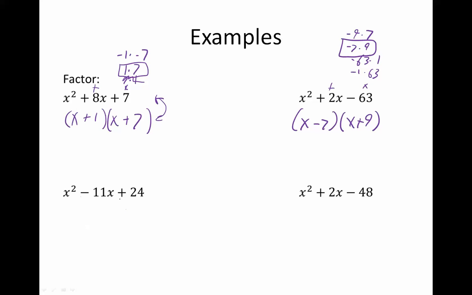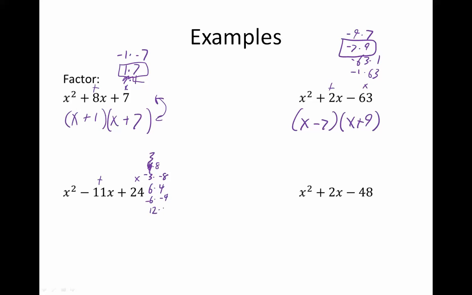Let's do the next one. Multiplies to be 24, adds to be negative 11. Make a list of everything that multiplies to be 24. Let's see here. We've got 3 and 8, and negative 3 and negative 8. We have 6 and 4, negative 6 and negative 4.